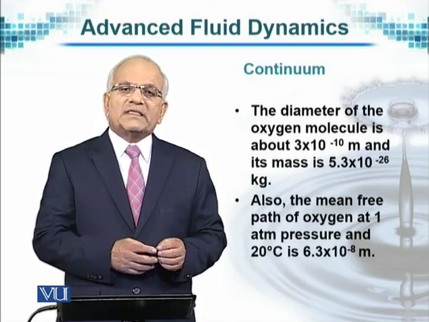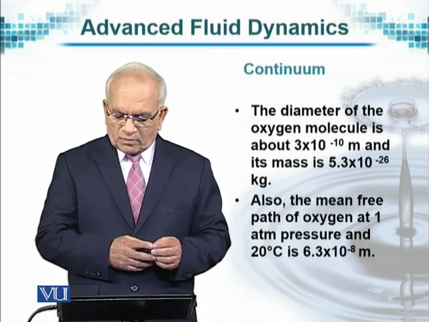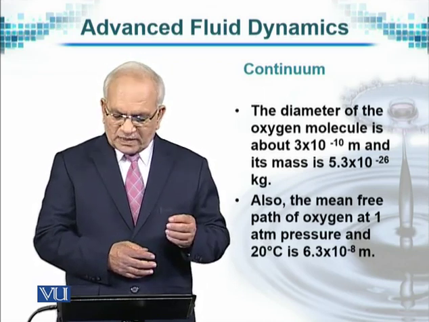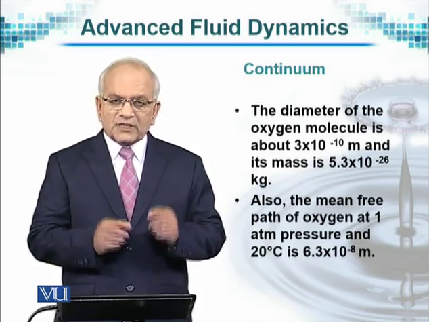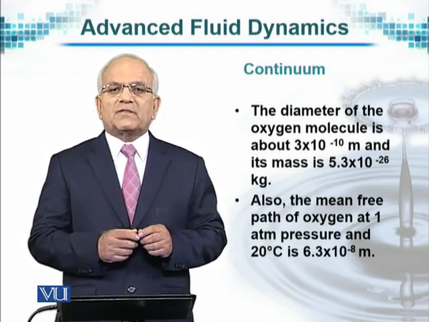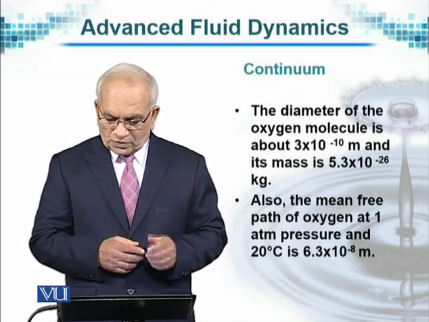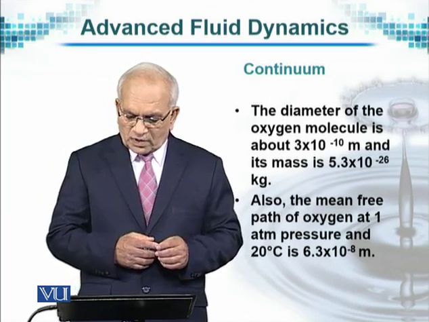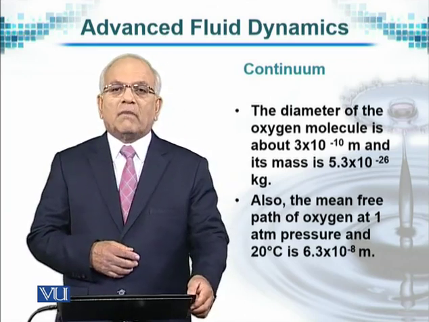So the molecule itself is of the order of 10 to the power minus 10 meter, and the distance between two nearest molecules of oxygen is of the order of 10 to the power minus 8.